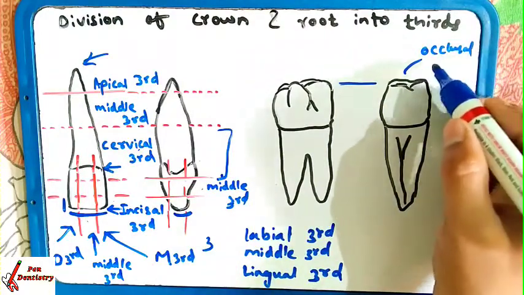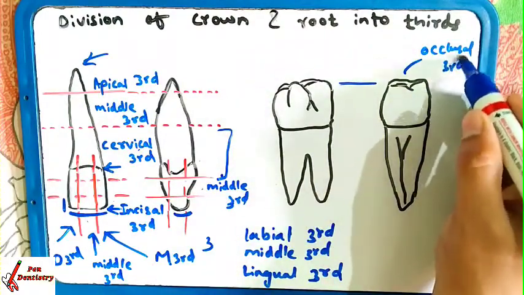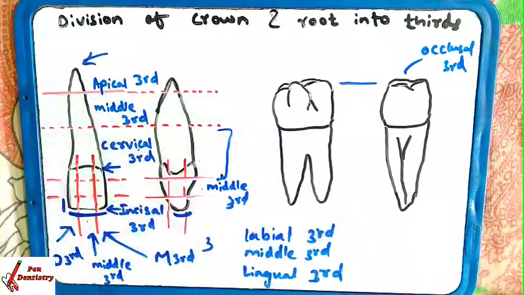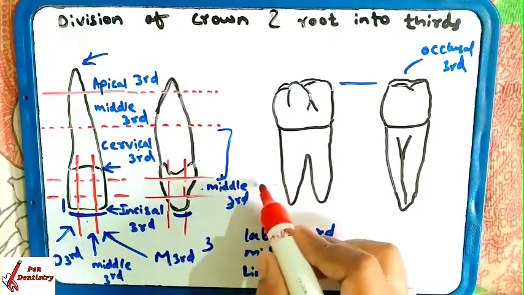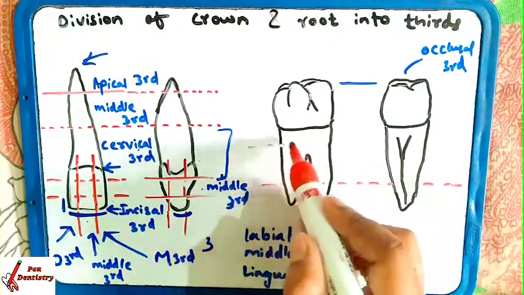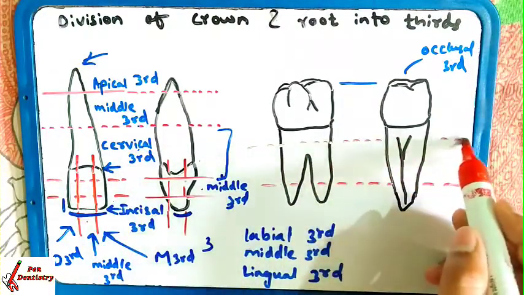So that's why this is the occlusal third area. Again, we divide it into three parts. We divide the root as well as the crown in three parts, in the three ratio.